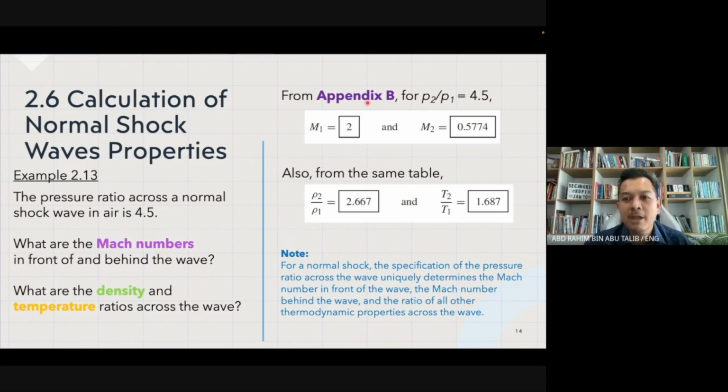So again, using Appendix B, because it is a normal shock wave problem, you have the pressure ratio being given there. So at pressure ratio P2 over P1 equal to 4.5, you can then find the corresponding Mach number M1 to become 2, and M2 is 0.5774.